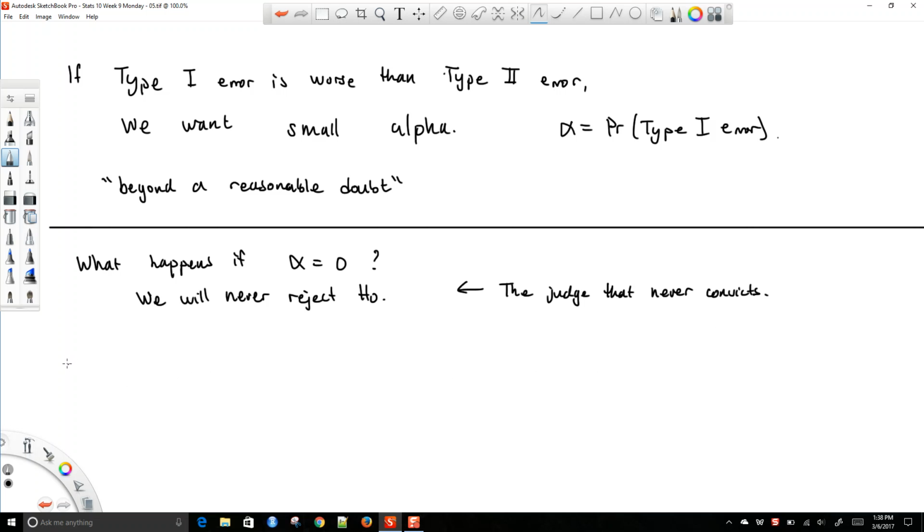And then if we want to avoid type 2 error, we can increase alpha to be really high.